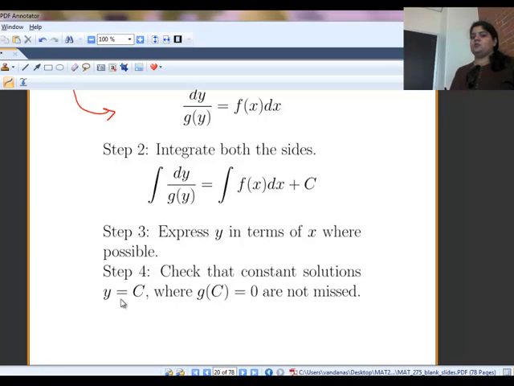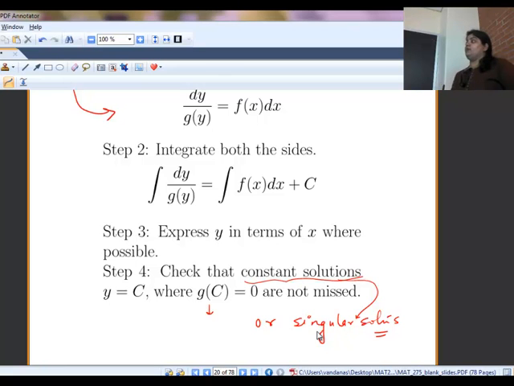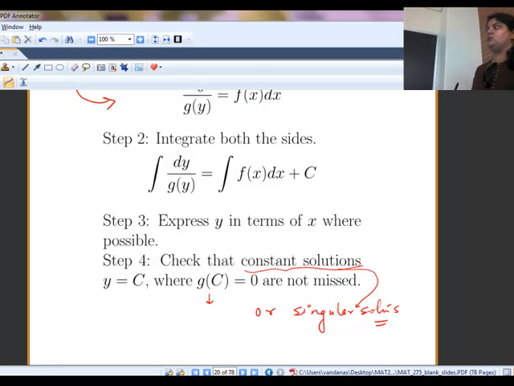The constant solution y equals c where g(c) is 0 is a singular solution. The general family of solutions together with the singular solutions will give you the whole class of solutions of this problem.